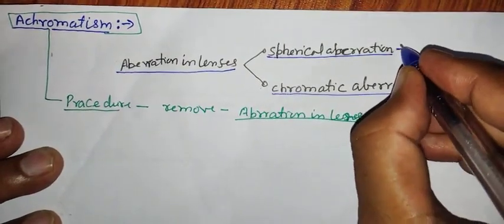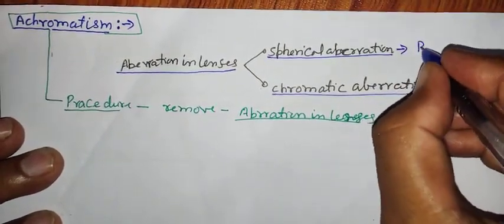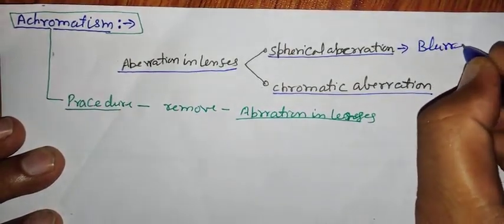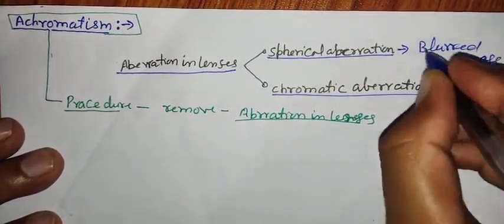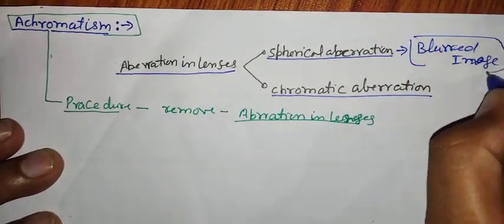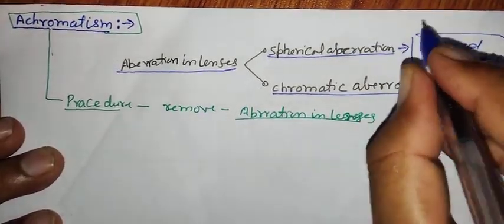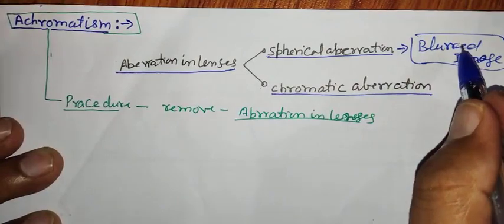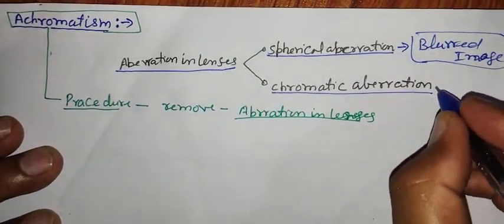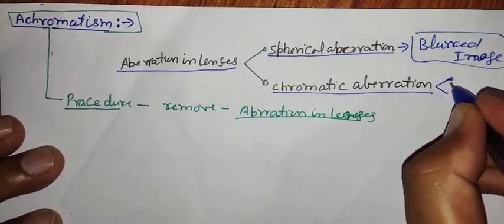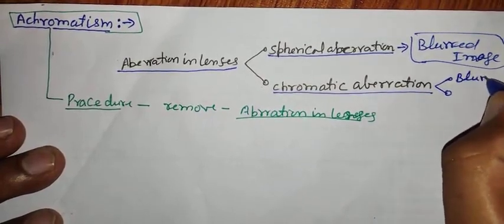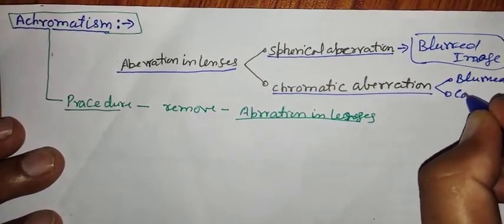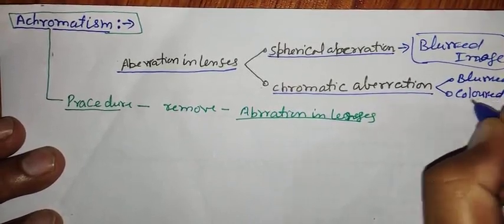In spherical aberration, only a blurred image, an enlarged image of a point object, is obtained, and in chromatic aberration both defects are obtained, blurred and colored.